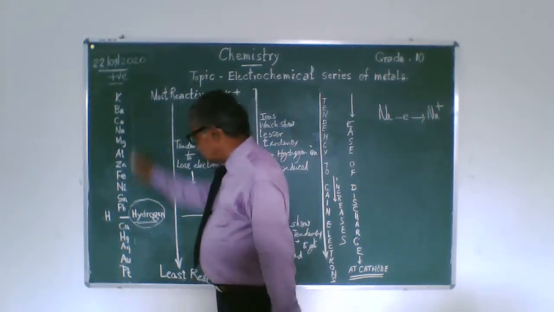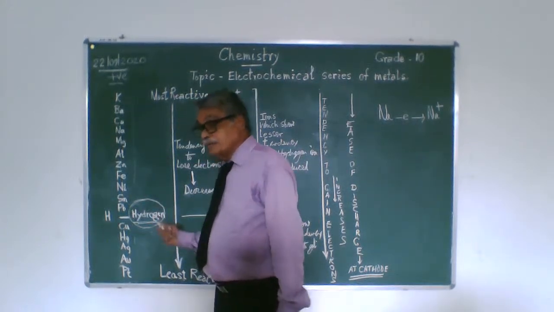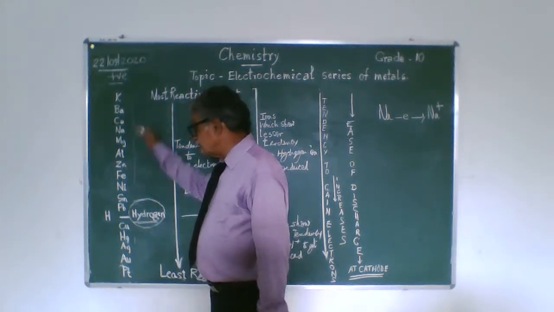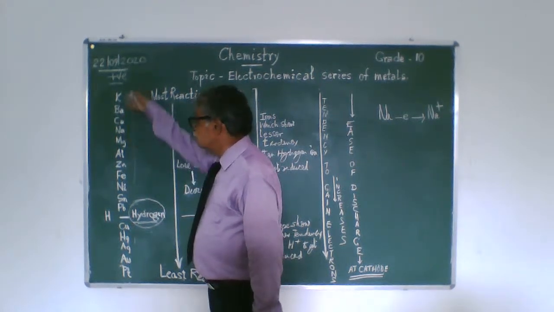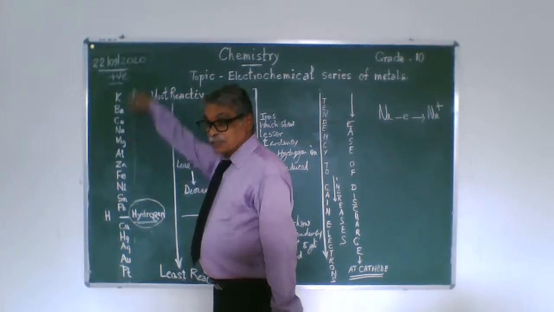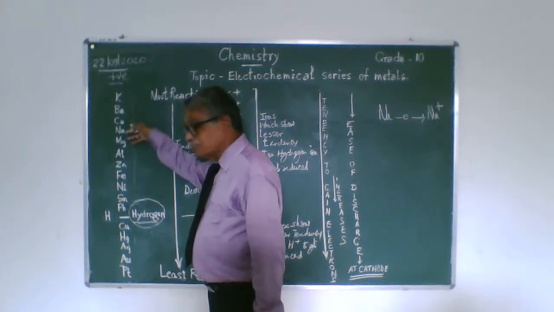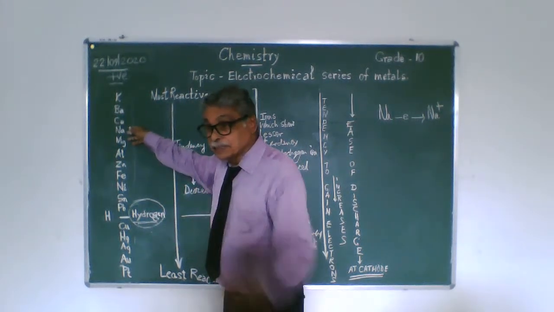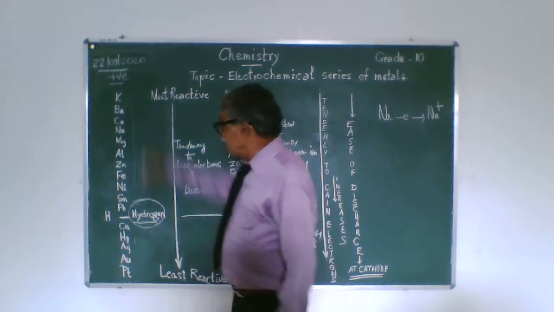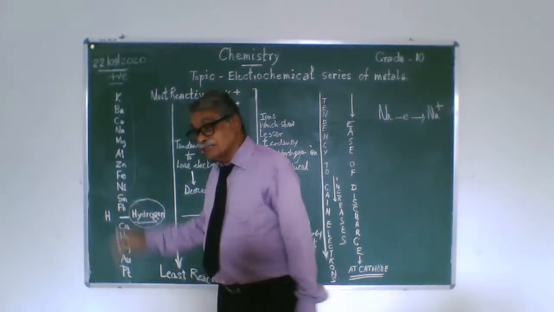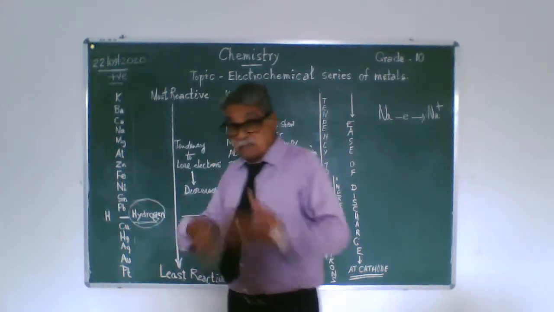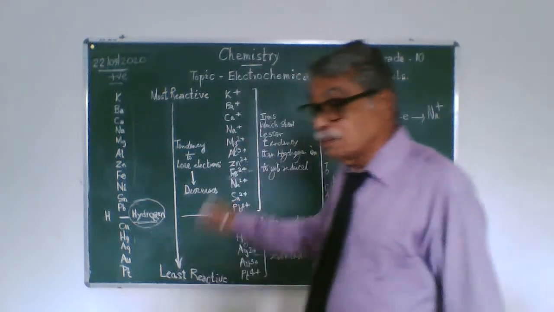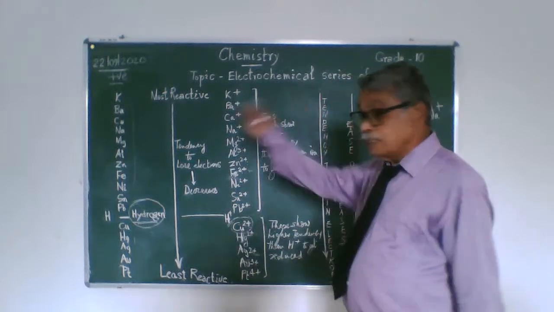These can even displace hydrogen from water: potassium, sodium, calcium can displace hydrogen even from water, while others can displace hydrogen from acids. So this series is much more relevant than what we just think about it. It tells us many things.